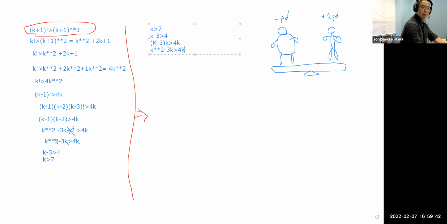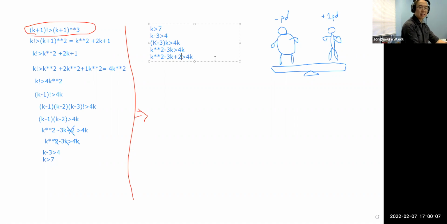Okay, and then after that, I'm going to try to add a 2 here, because when I'm adding a 2 on the left side, it will make it even bigger. So this will be k squared minus 3k, and then plus a 2. Because I'm adding 2 on the left side, it will make the left side even bigger.